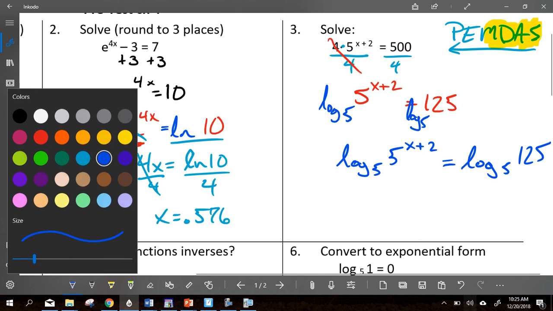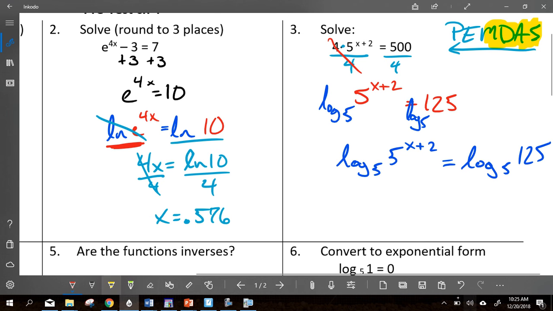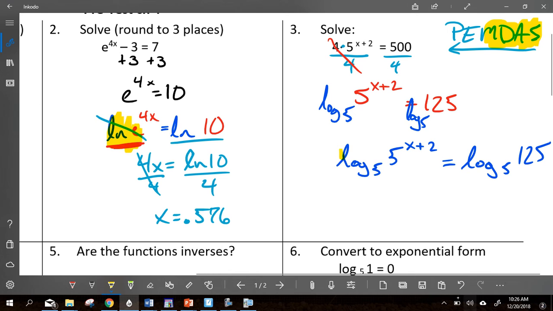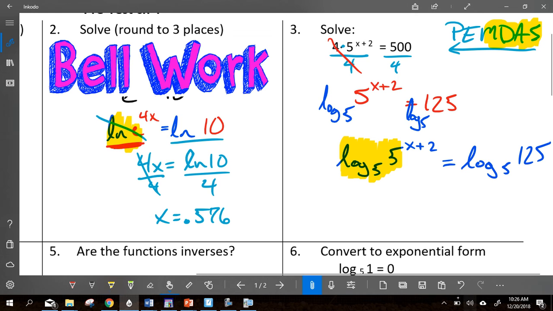I've got log base 5 and 5 to a power. Just like we did over here with ln and e, those two things are opposites. So are log base 5 of 5. When you take the log base of some number with that number to a power, those two things are going to cancel out to get you 1. And so all I'm left with here is that x plus 2.